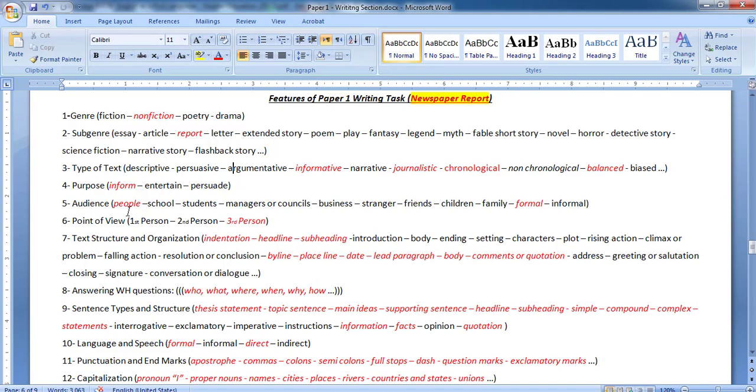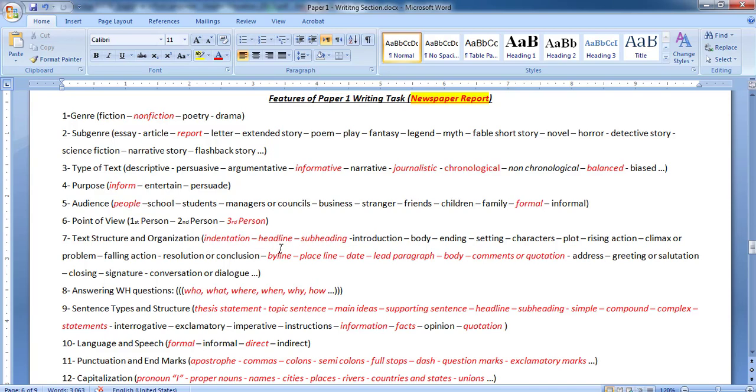The purpose of writing is to inform. The audience, they are people, so you have to be formal in your writing because it will go usually to the newspaper. The point of view in your writing is the third person point of view.